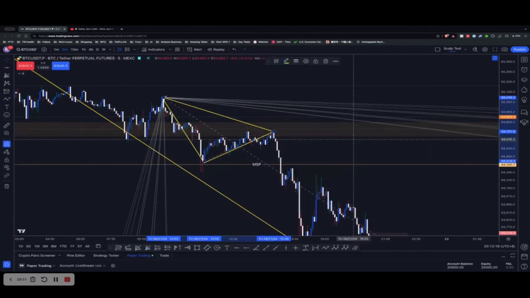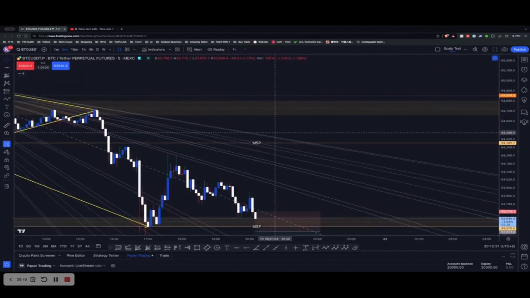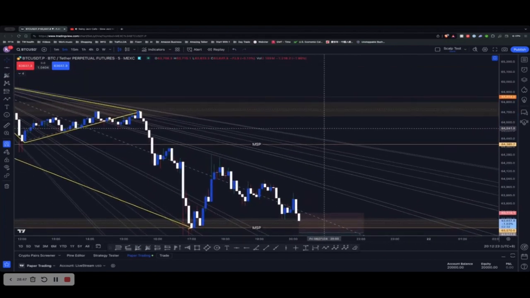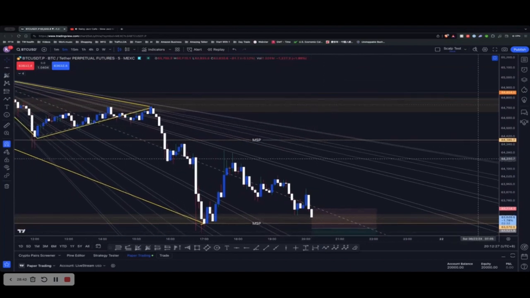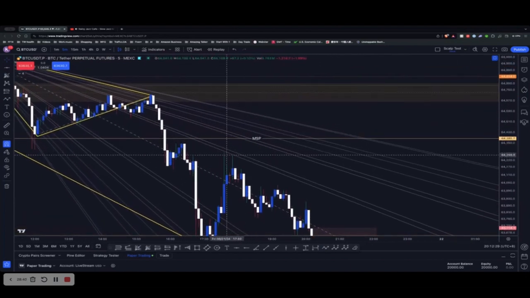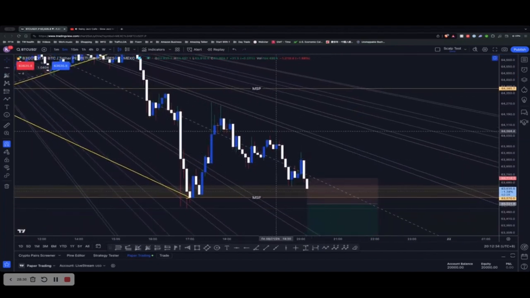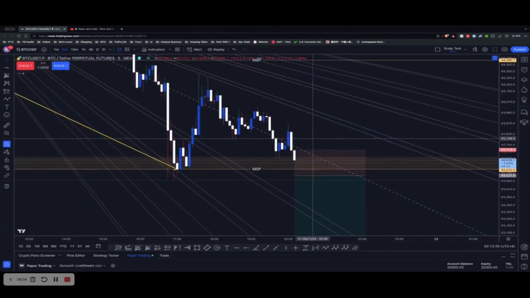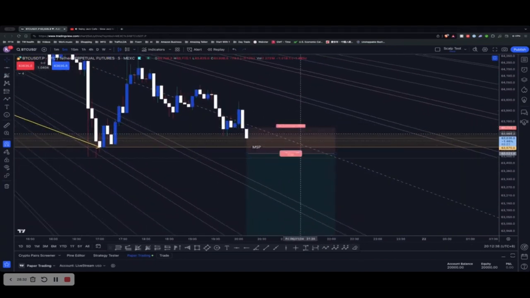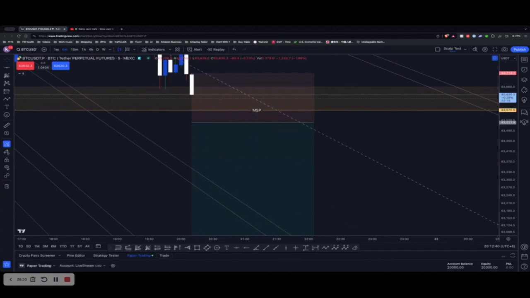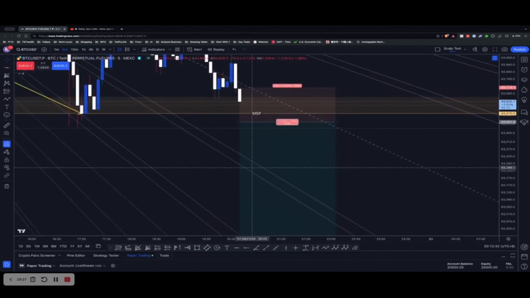And obviously I can't share the settings for these things because they are proprietary, meaning only my students will get to see these. But you can see how they're really being respected, right? And currently we're in the middle of the range. That's why I'm saying if it does break out, the most immediate place it's going to break out to is at least here.